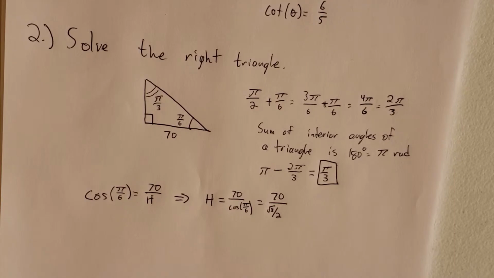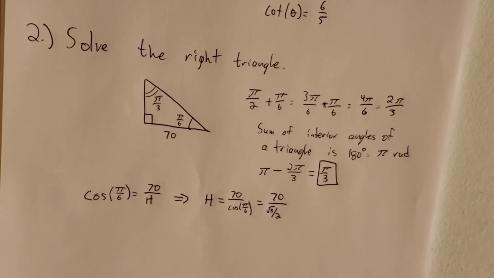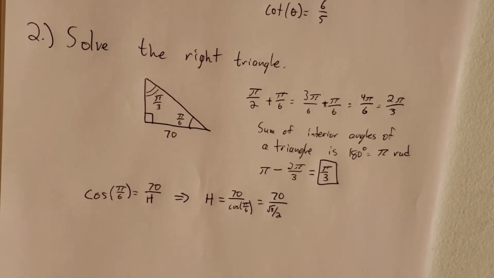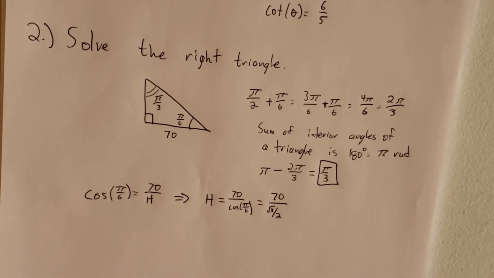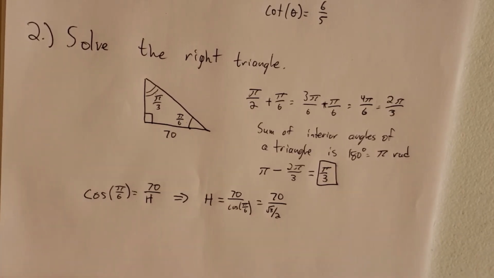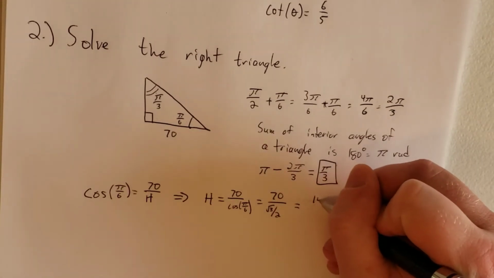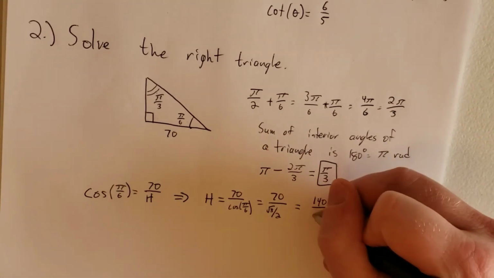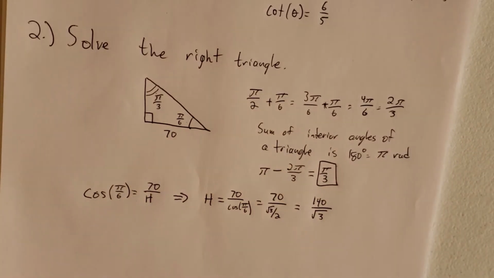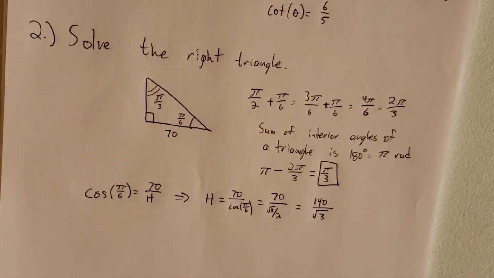You can look at section 5.1, which I know isn't something we covered specifically with homework or in this class, but that is a section you should look through before you continue on with section 6.2 and the rest of this chapter. But anyways, if you go back and look at that, you'll recognize that cosine of pi over 6 is the square root of 3 over 2. If we simplify this, that is the same as 140 over the square root of 3.